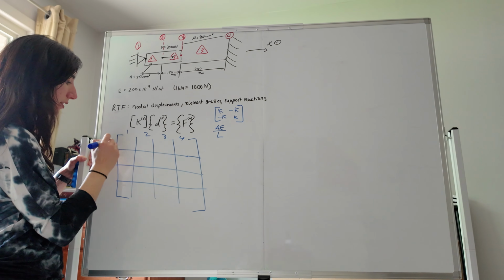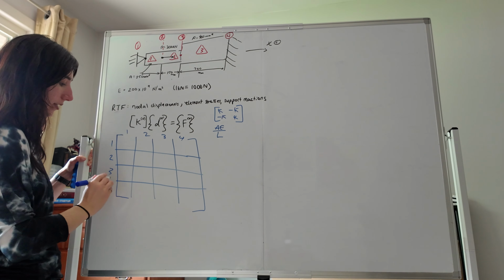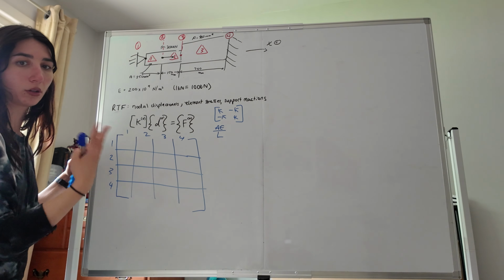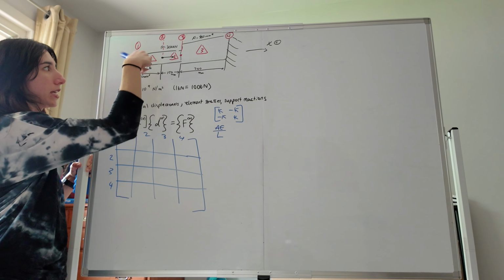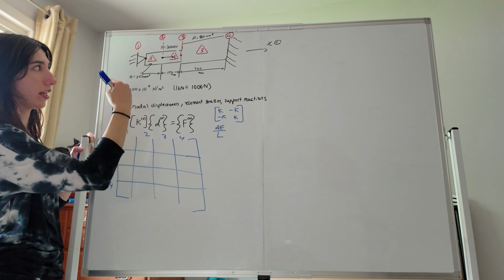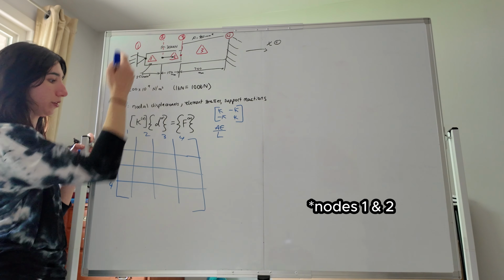So back to the stiffness matrix, I also like to number all the cells like this to help me orient in space. These numbers here are the global node numbers, so 1, 2, 3, and 4, starting with our first element here. This element is the first left half of the first bar, and it's between node 1 and 2.